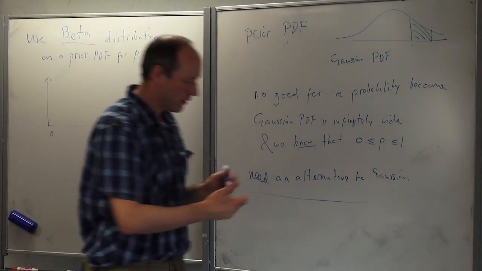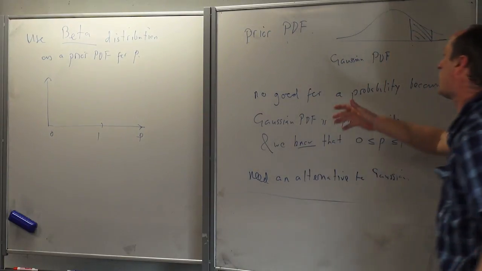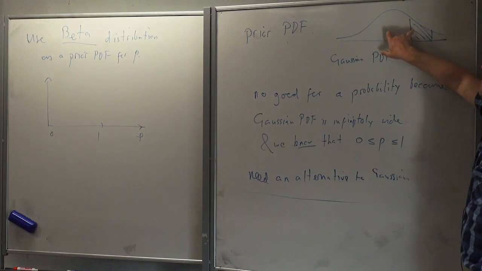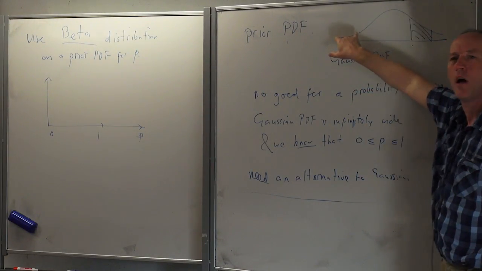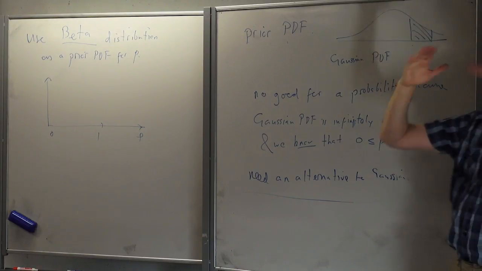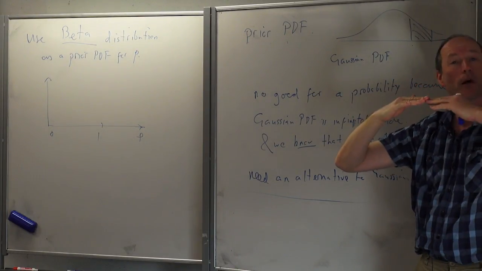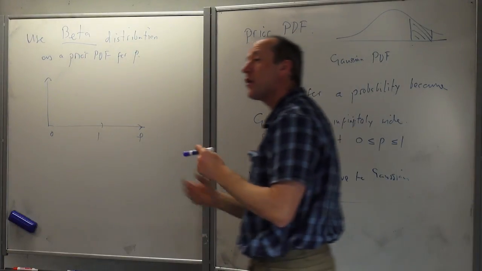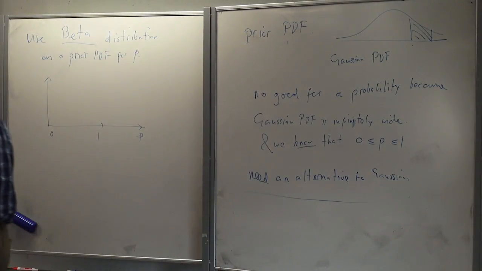I'll draw it in a second. I just want to remind you before I draw it that when we were fooling around with a Gaussian, we could slide it left and right by the mean, and we could make it sharper or more diffuse by changing the standard deviation. We've got those two nice degrees of freedom, those 2 nice parameters there, the mean moving it left and right, standard deviation making it more spiky or more flat.